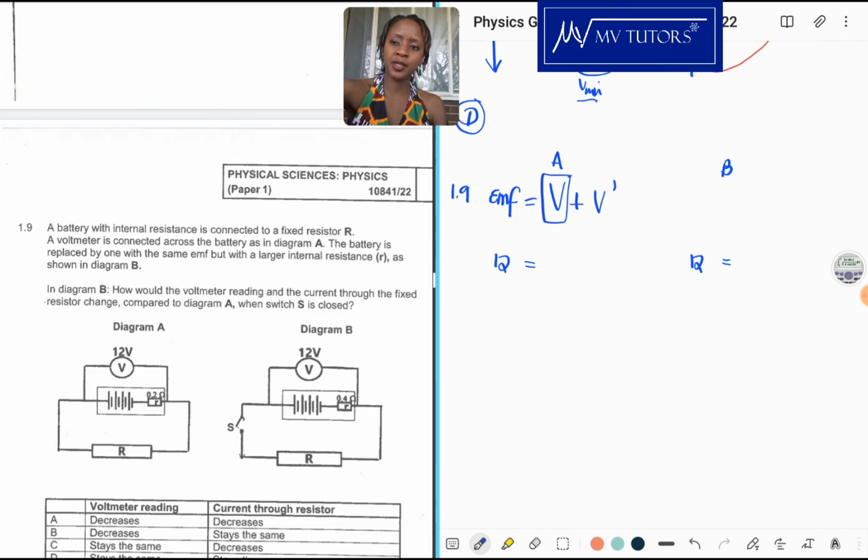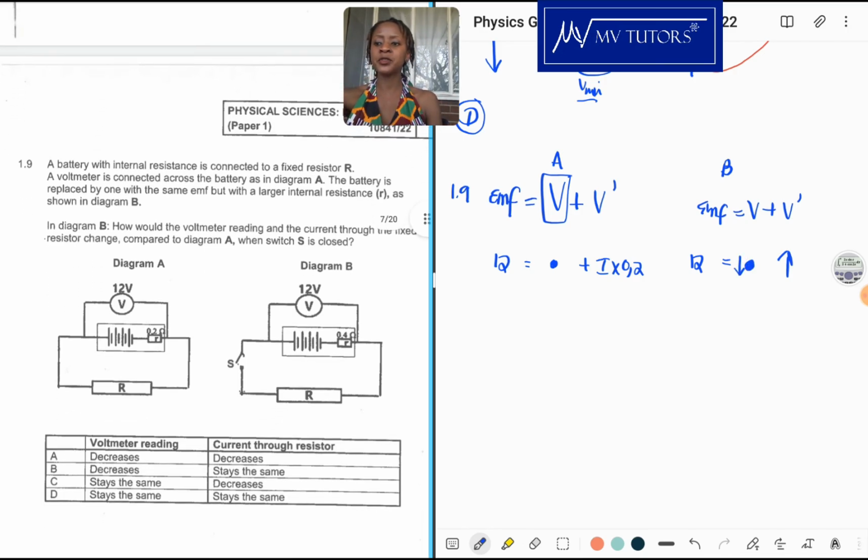You had a certain reading initially, and your lost volts were I times 0.2. Now in this case, you still have the same EMF, but your internal resistance has increased. So if this has increased, it means that your potential difference has decreased. So the voltmeter reading has decreased.